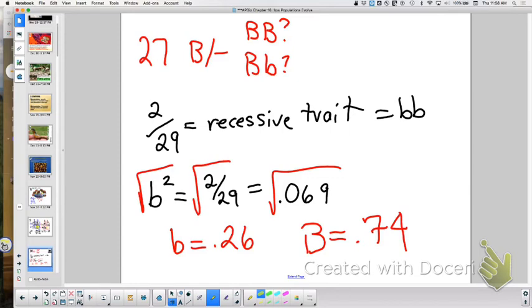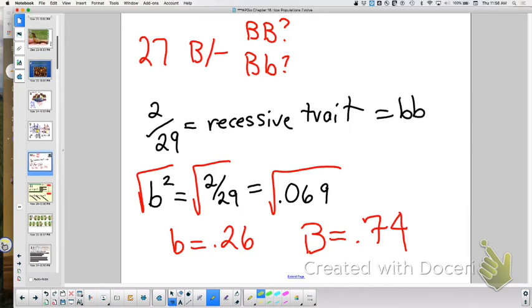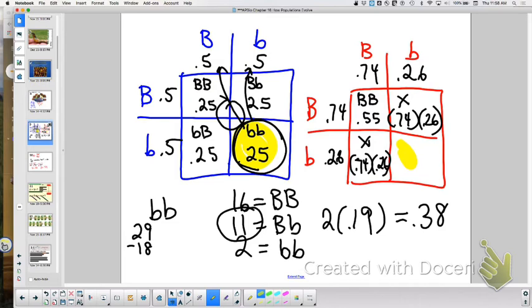Now, you're not always going to know exactly the letters when you're doing these Punnett squares. You're not always going to know what the letter used is. So to simplify that, whenever you're talking about the dominant allele, they call that P. And whenever you're talking about the recessive allele, they call that Q. So this is P and this is Q. So this box right here, how could I write that in the most simple way?